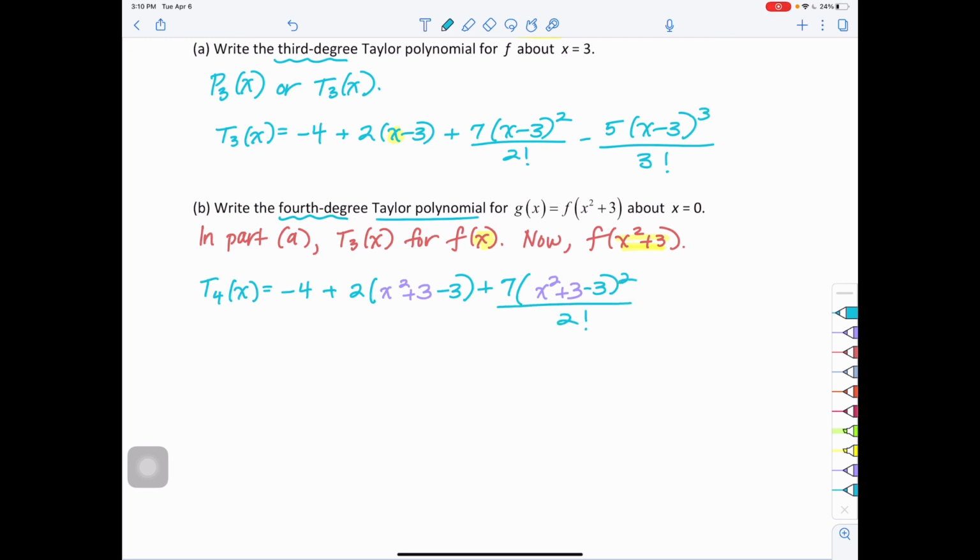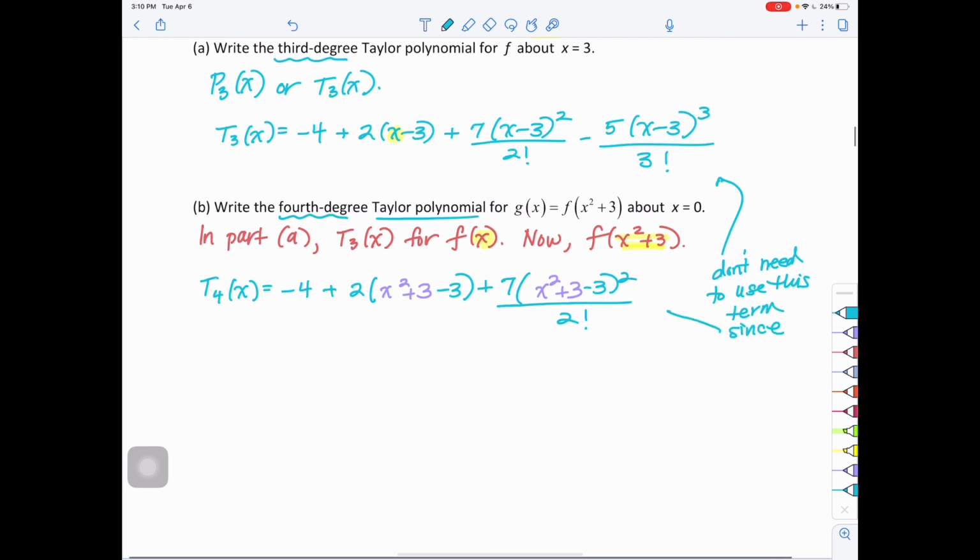Now we don't need this next term. Since this is fourth degree, we will have an x squared squared, okay?